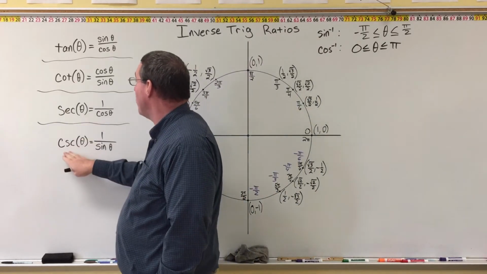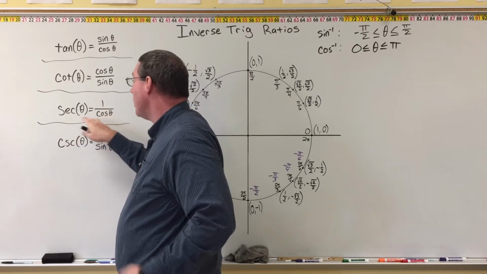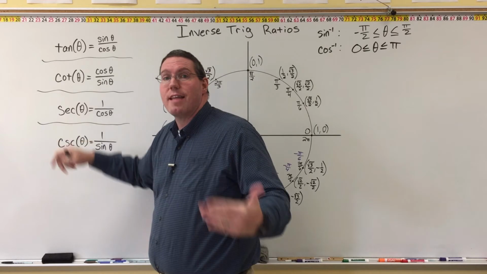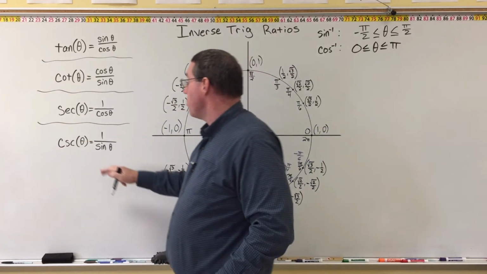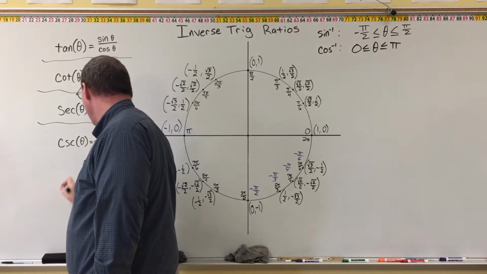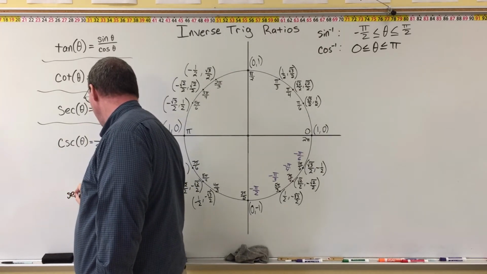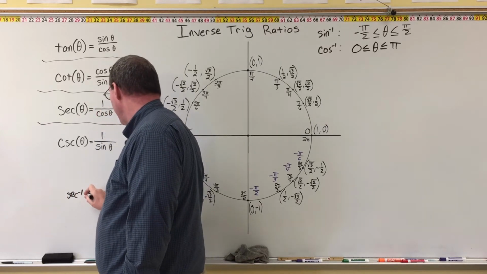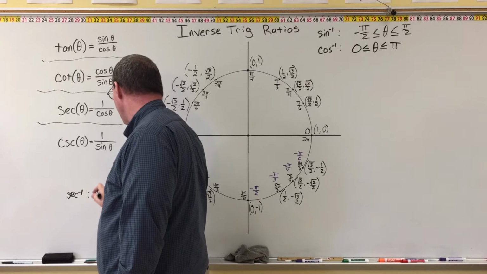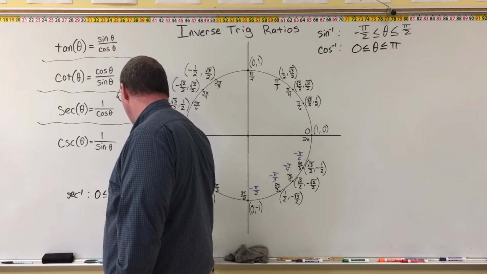Now, secant and cosecant are very simple. Secant, because it's 1 over cosine, has the exact same range restriction as cosine. So secant inverse, I'll put it down here, has a restriction of 0 up to pi.